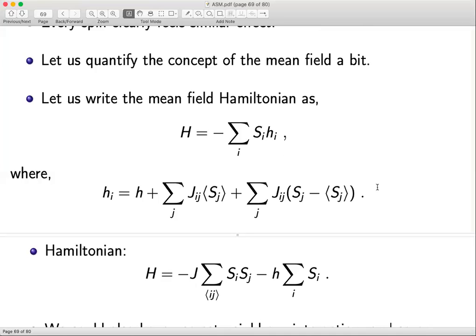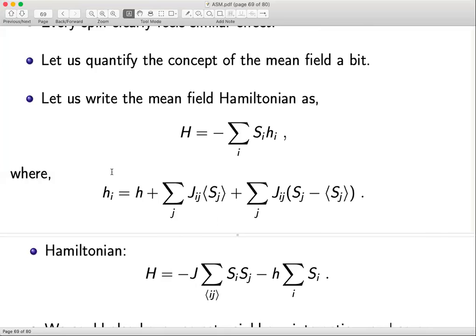The last piece that I have written down tells you that what I have written down is exactly this same piece as this, because the average value of Sj times Jij is actually subtracted out here. So if you put this back in the Hamiltonian, you get this Hamiltonian back. The only difference is that now we interpret it in a little different way.